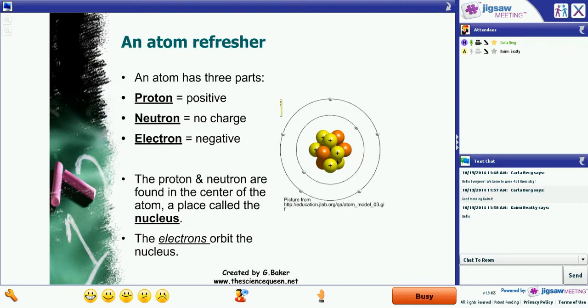The protons and the neutrons are found in the center of the atom at the nucleus. In the picture on the screen, the protons are yellow, the neutrons are the orangey color. The orange and yellow together are the nucleus. And around that, those 2 little circles with the small white circles, those are the electrons. Those electrons are orbiting the nucleus in valence shells.